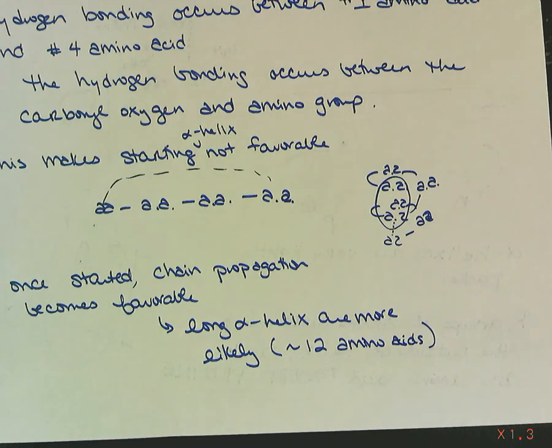So 12 amino acids is the typical alpha helix length. Questions about alpha helices? How they look? How they hydrogen bond?